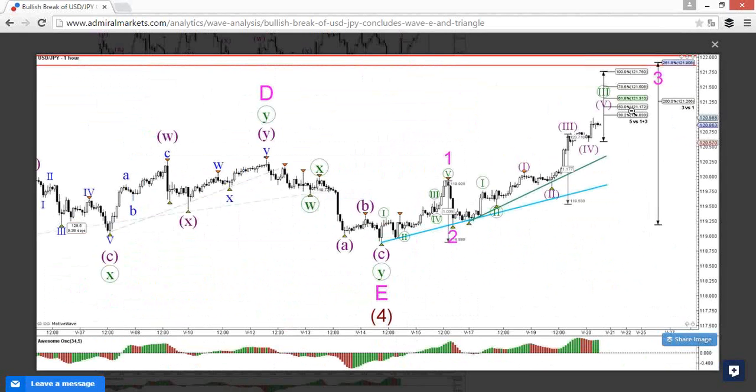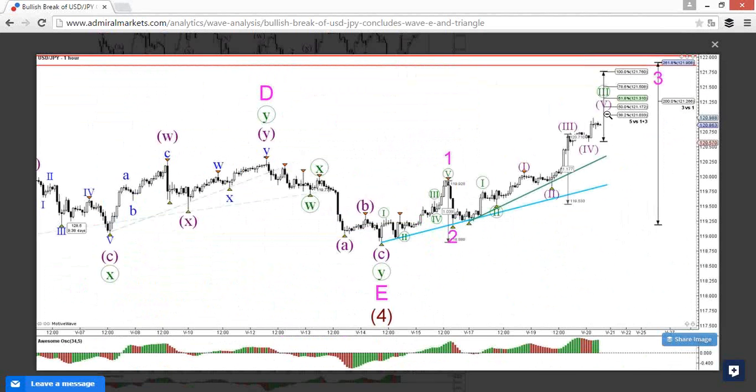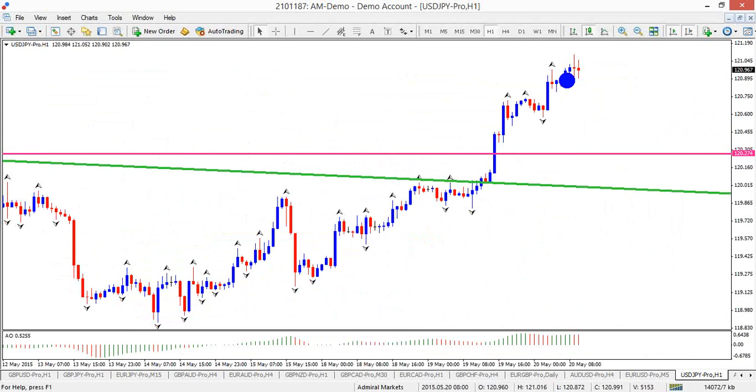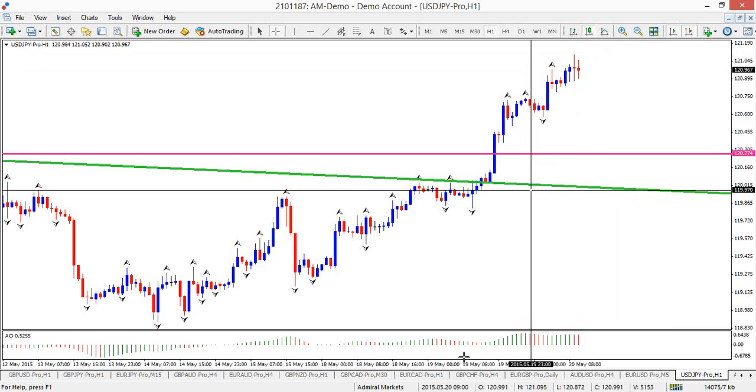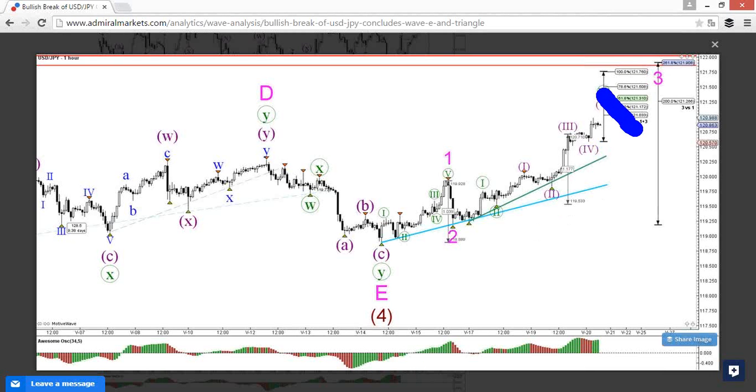If you look within the wave 3, we're pushing up for wave 5 probably of a smaller wave 5 of wave 3. But let's see here, this morning there was still some space, but now we already fulfilled that. We went up after that point just a bit. You can see there could be still something left, but not a lot. So I'd rather wait for a wave 4 retracement, bull flag, and then take it up again.